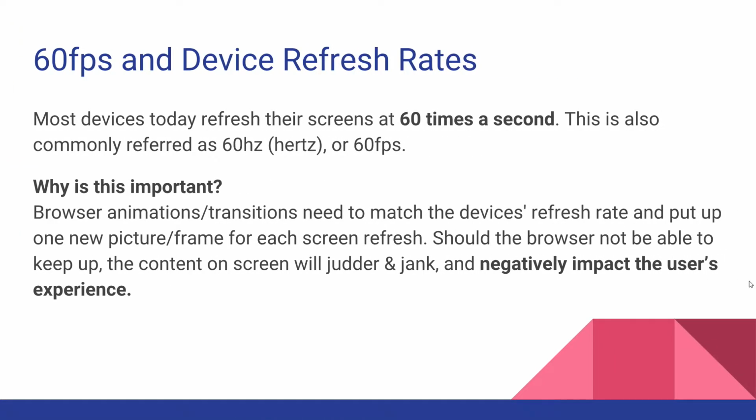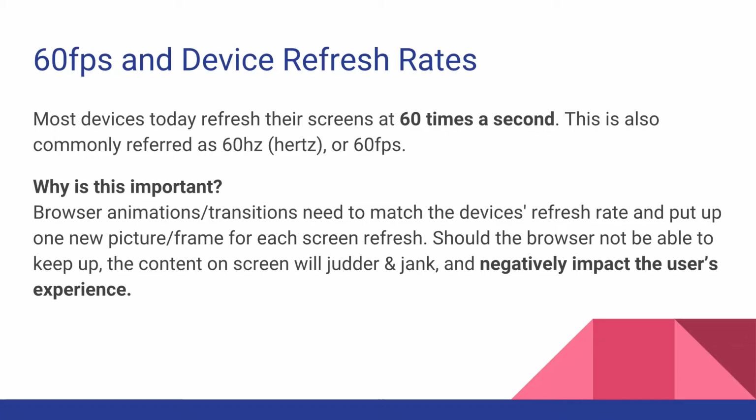Before we can learn how animations run, and why it's important to get them to run smoothly, there are two tiny but important details you need to be familiar with: 60 frames per second and device refresh rates. For those unfamiliar, most devices today, even low-end devices, refresh the screen about 60 times a second. This is also commonly referred to as 60 hertz displays or 60 frames per second.